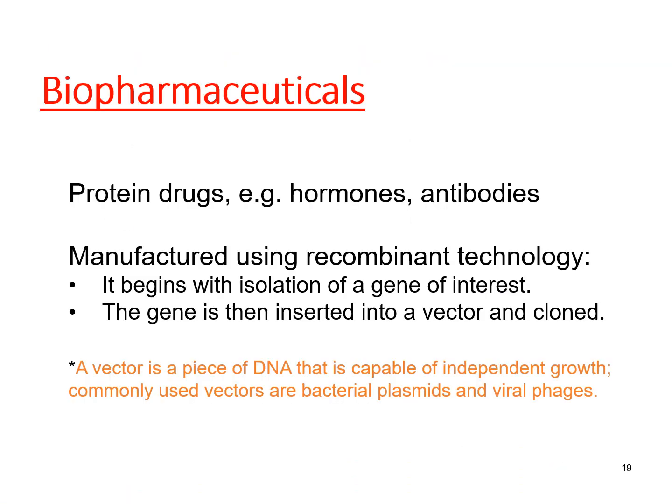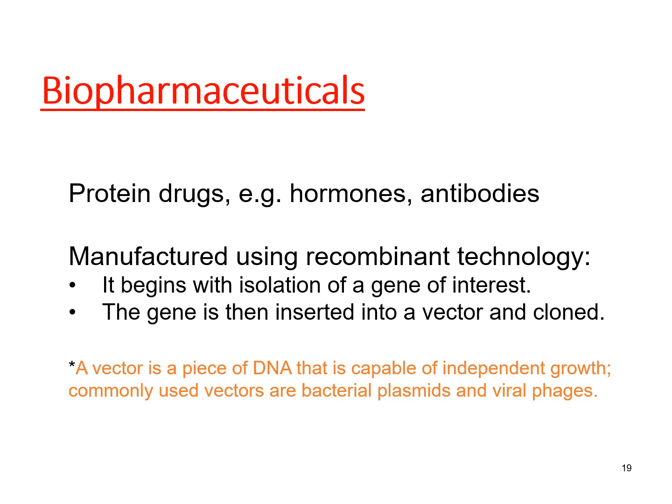Today, biopharmaceuticals make up a large proportion of newly approved drugs. Biopharmaceuticals are protein drugs, for example, hormones and antibodies. These are manufactured using recombinant technology, where a gene of interest is isolated and then it is inserted into a vector, so it is recombined with the gene from another organism and it is cloned.